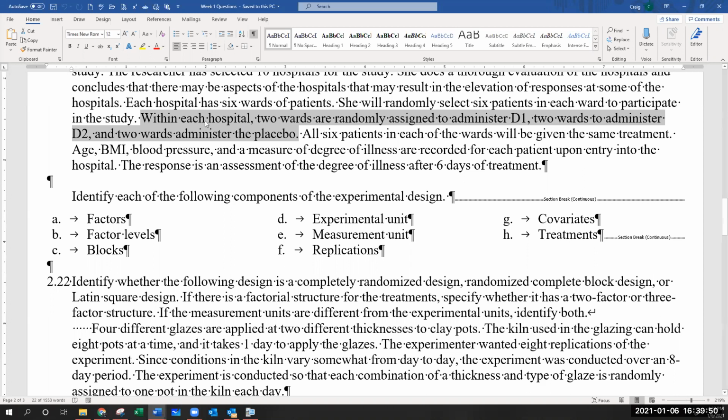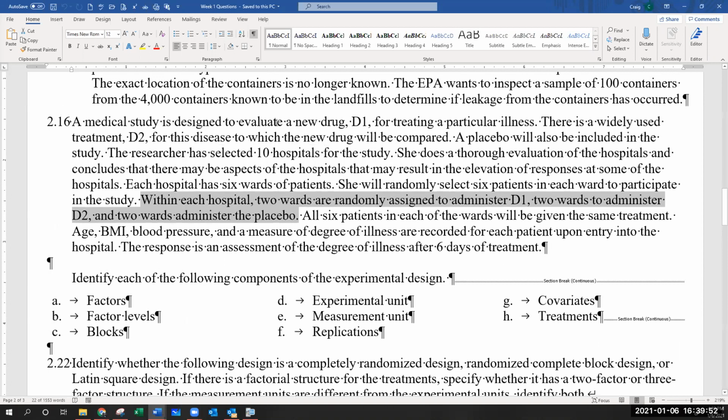I'm not so sure that D2 and the placebo would be considered the control. I would think more the placebo would be the control. What's really happening is we already know that D2 is an effective drug. What we're testing is whether or not D1 is a more effective drug.